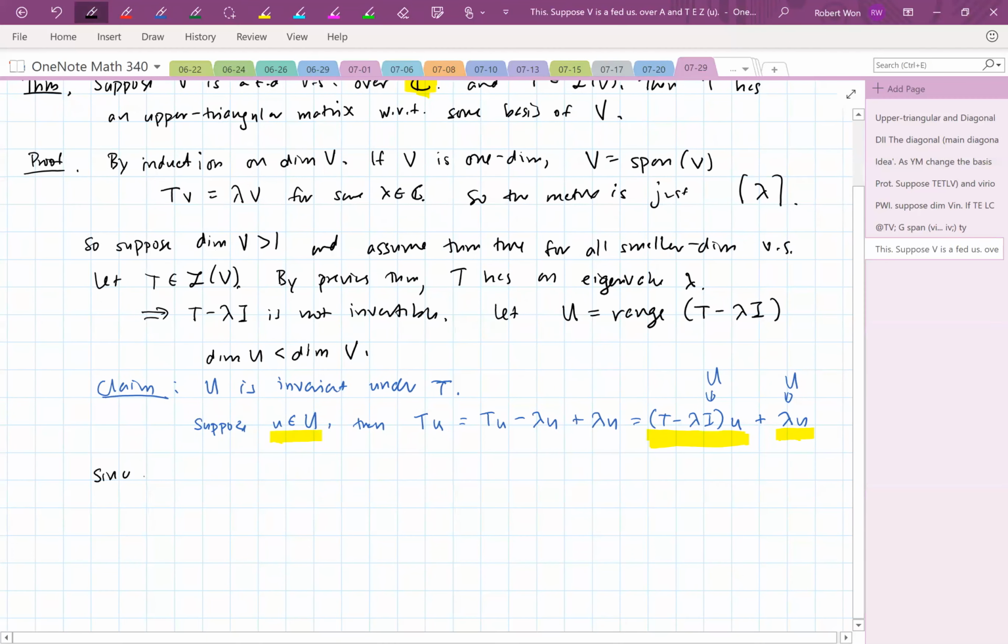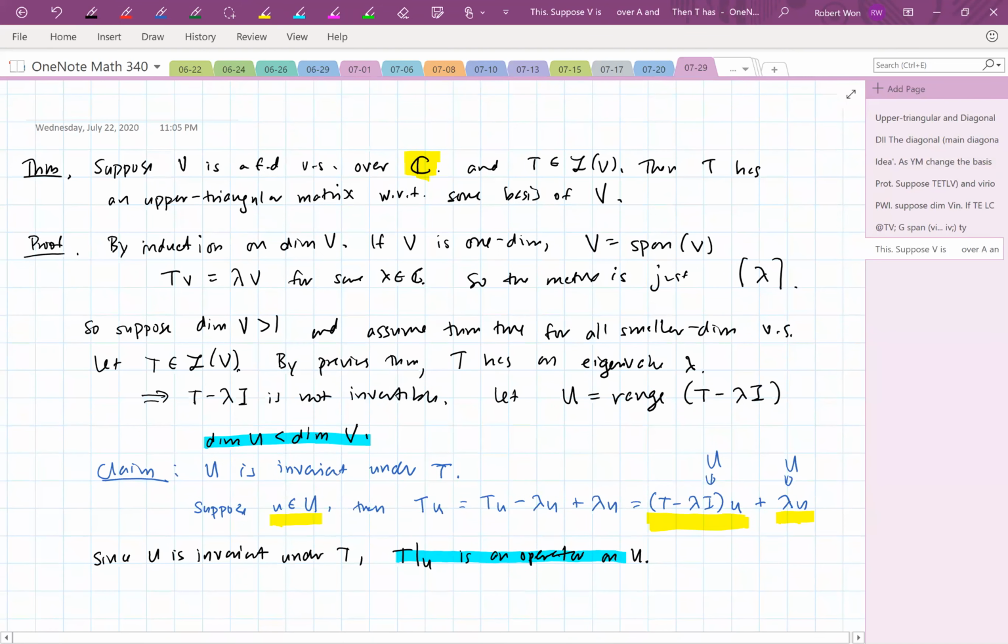So since U is invariant under T, T restricted to U is an operator on U. So what do I have? I have an operator on a smaller dimensional vector space. That means the theorem holds. In other words, the restriction of T has an upper triangular matrix with respect to some basis of U by the induction hypothesis.